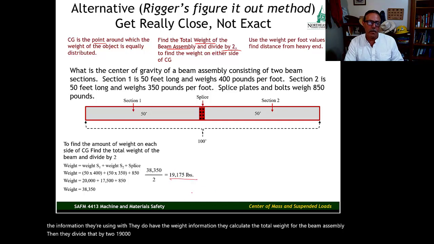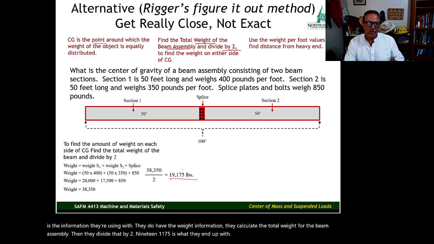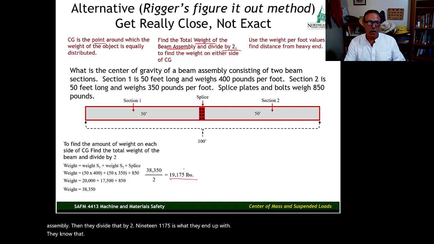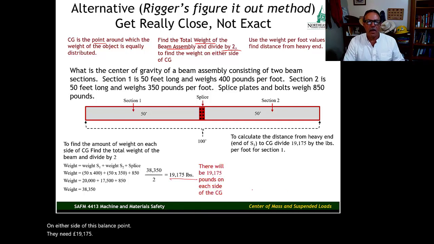19,175 is what they end up with. They know that on either side of this balance point, they need 19,175 pounds. They'll then calculate the distance from the heavy end by dividing 19,175 pounds by the pounds per foot for section 1.